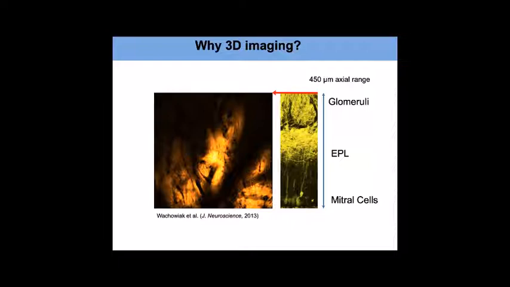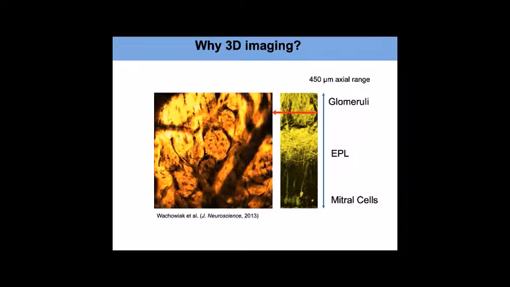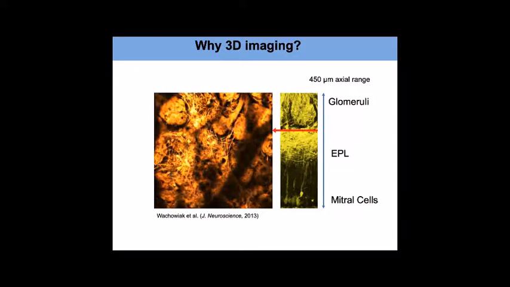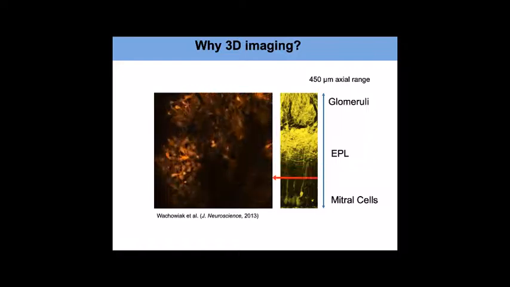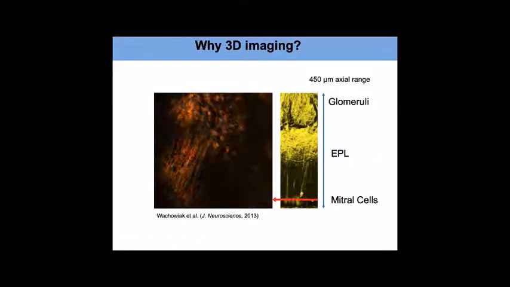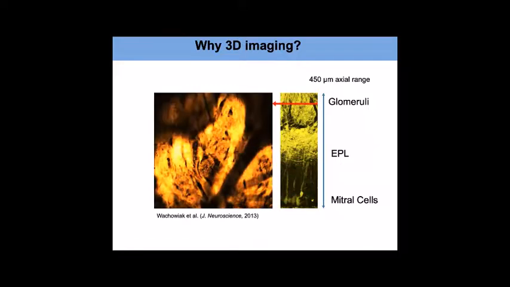Along with optical sectioning, it's advantageous to also be able to do three-dimensional imaging. This is an example of the type of images that you see, and how the brain has very complicated structures. This was taken in an olfactory bulb.